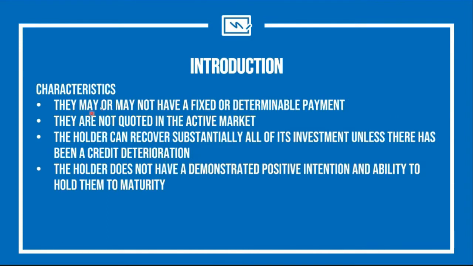So these are our characteristics. Okay, so first, they may or may not have a fixed or determinable payment. Just like what I said, there are certain receivable contracts wherein the interval of payment and the amount are indicated, etc. There are also receivables wherein there are no fixed payments but the payment is determinable, because you know how much you will receive based on the terms of the contract.